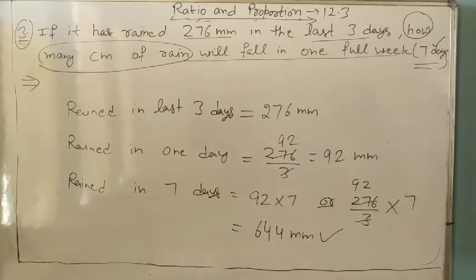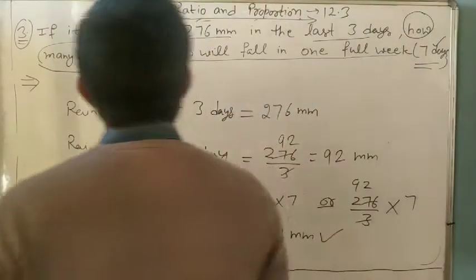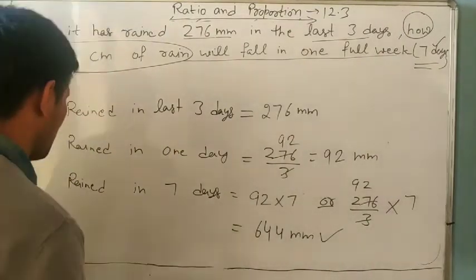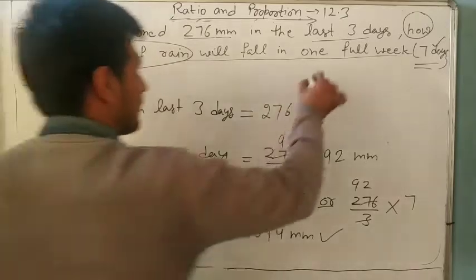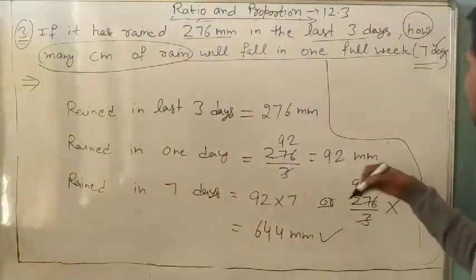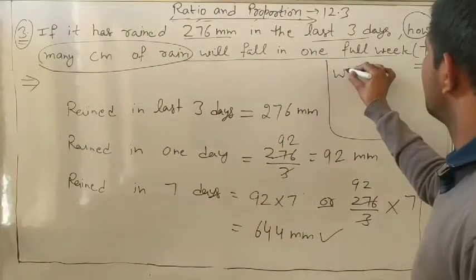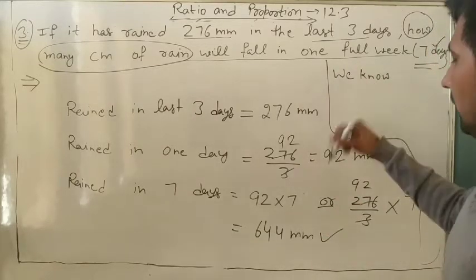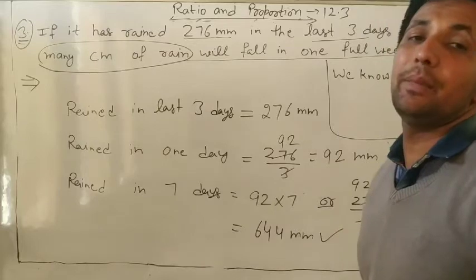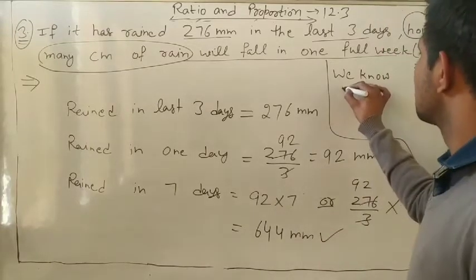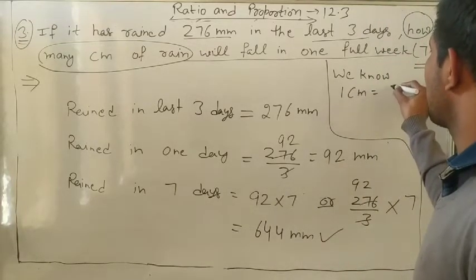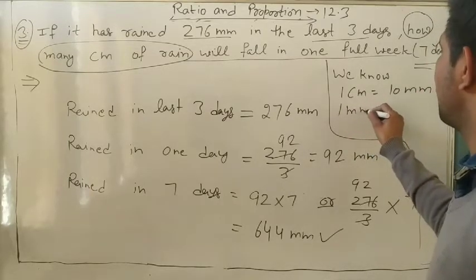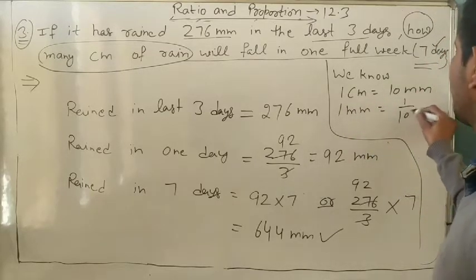But we want to find the value in centimeter. So the conversion to centimeter, I think you can do yourself. Everyone knows. We know 1 millimeter equals 1 by 10 centimeter.